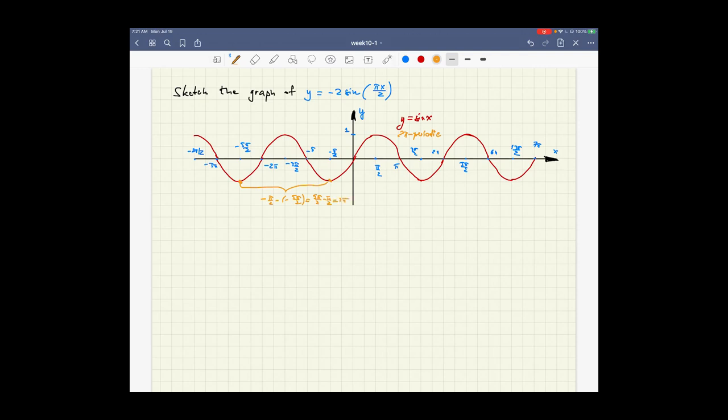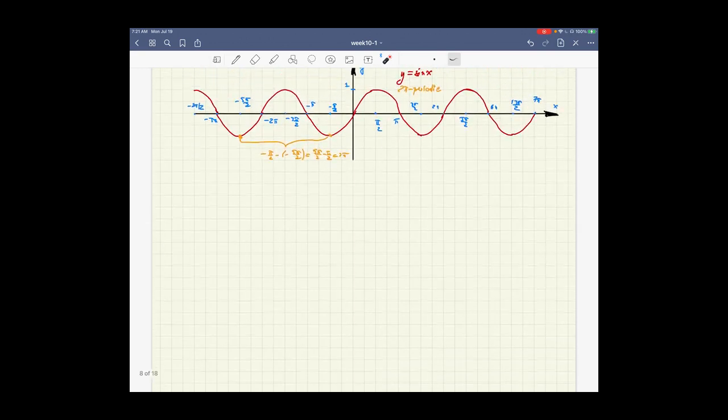And now, after that, we're going to be drawing the graph of sine of pi over 2 x. So this will, of course, be simply a horizontal compression with a factor of pi over 2. So let me draw a new set of coordinate axes.